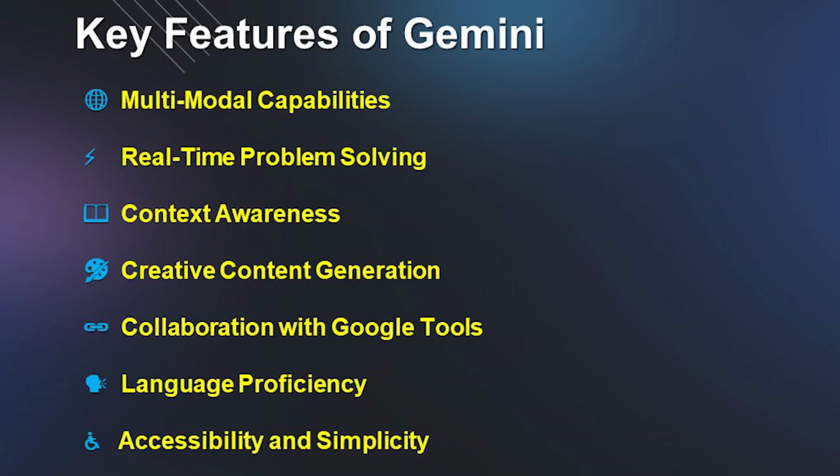Language proficiency. It supports multiple languages, making it accessible for users around the globe. Accessibility and simplicity. You don't need to be a tech expert to use Gemini. Its intuitive design ensures everyone can benefit from its capabilities.